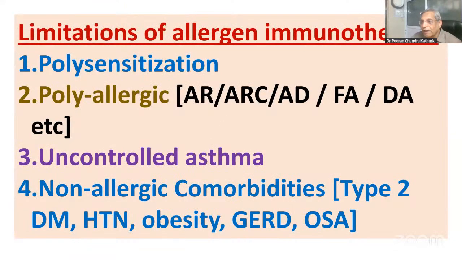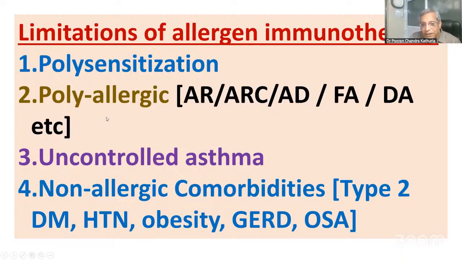There are limitations also, because 80% of the patients we find in our practice are polysensitized, not only to aeroallergens, but also to food allergens. And most of these patients have comorbidities. 50% of the patients have allergic rhinitis, allergic rhinosinusitis, atopic dermatitis. Look at the GINA guidelines.